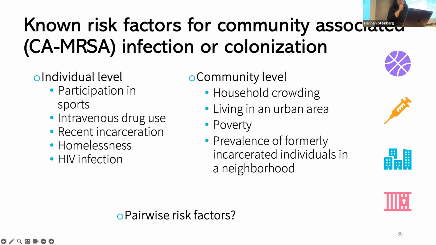However, we don't really know much about pairwise risk factors or exactly how these infections are moving through communities and how to quantify which risk factors are causing more MRSA community infections.